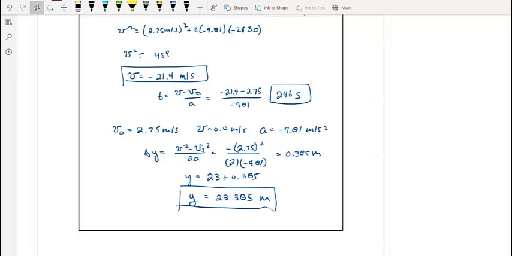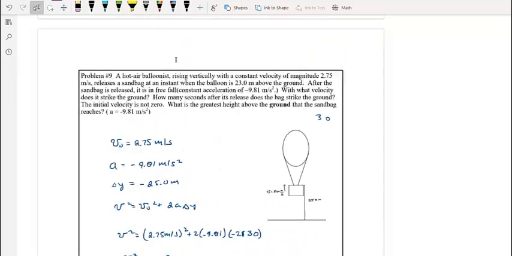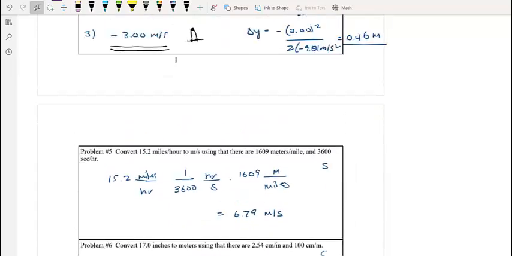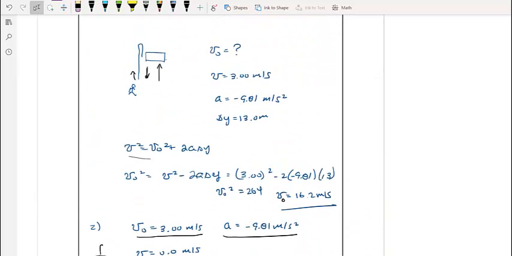So you get negative v0 squared over 2a. Again, delta y has to be positive because it's going up. And you add that to the original height that it was let go at, which was 23 meters. I should have rounded that off to 23.4 as the answer. Okay, so that is the first test solution.